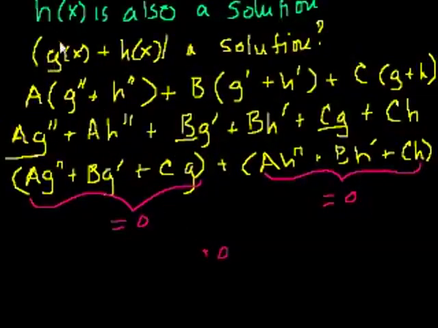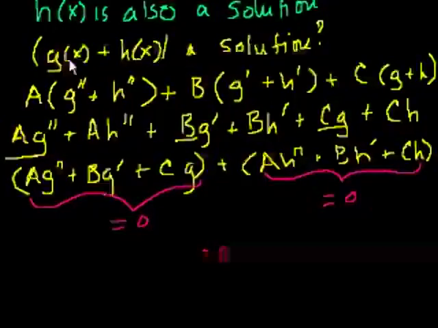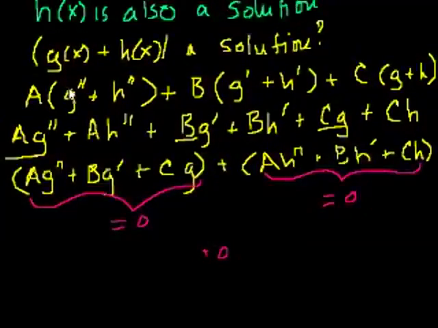So if g is a solution of this second order linear homogeneous differential equation, and h is also a solution, then if you were to add them together, the sum of them is also a solution. So in general, if we show that g is a solution and h is a solution, you can add them, and we showed before that any constant times them is also a solution.